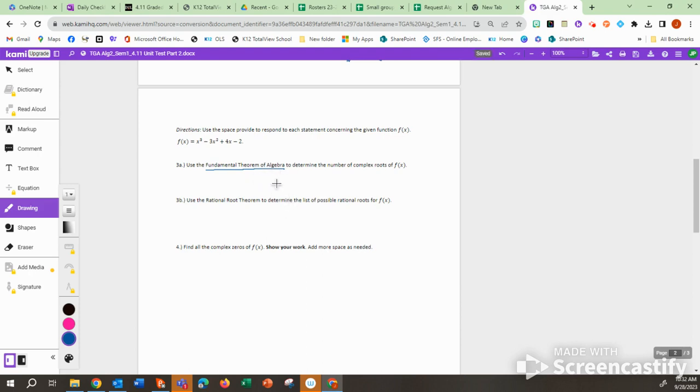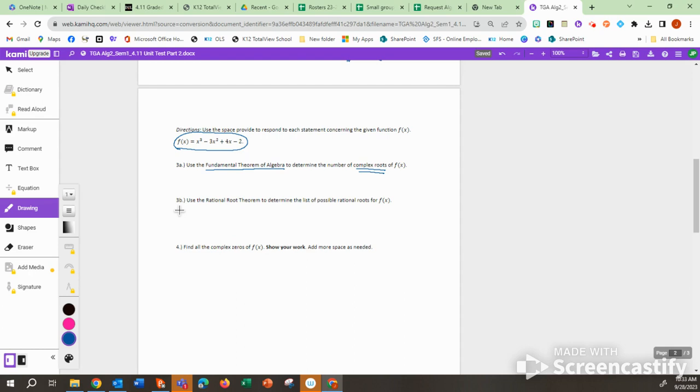This is not working anything out. You're looking at your equation, and there's something visual in your equation that tells you the number of complex roots. So no work here. You just have to understand how the fundamental theorem of algebra works.